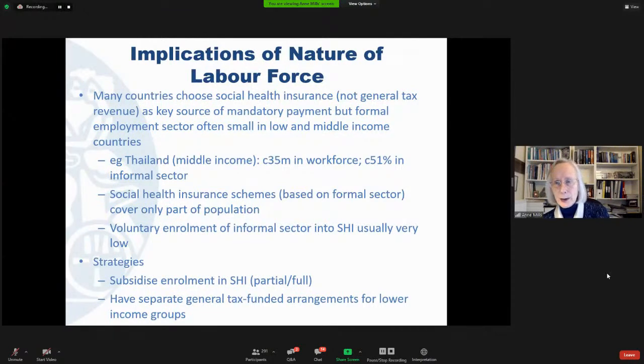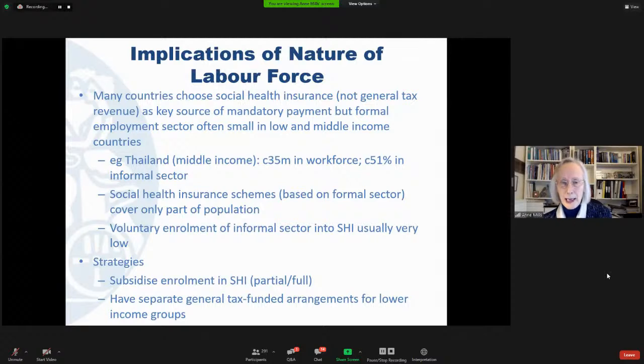So Thailand, for example, has about 35 million people in the workforce, but just over a majority in the informal sector. And that was a big reason why they chose general tax funding. And so social health insurance schemes, inevitably based on the formal sector because of the payroll tax structure, cover only part of the population.